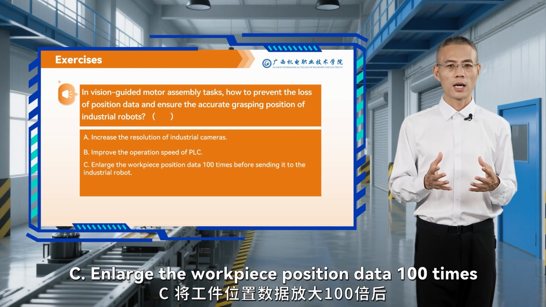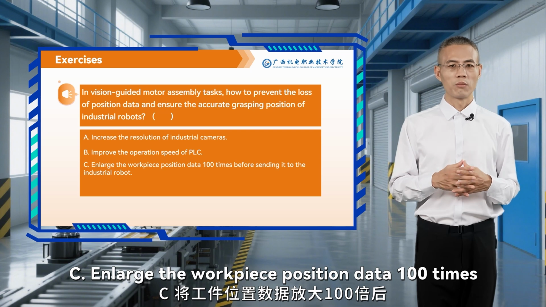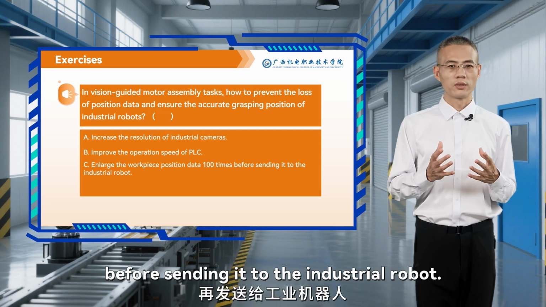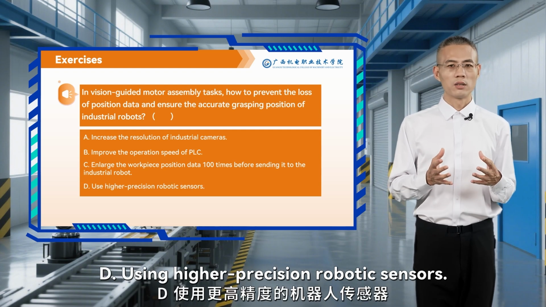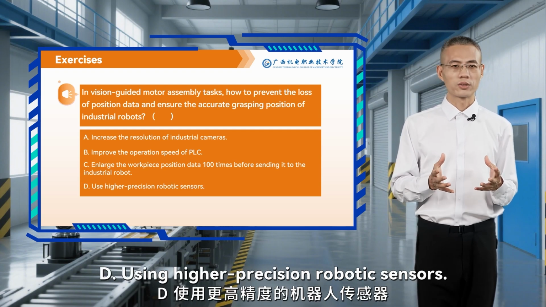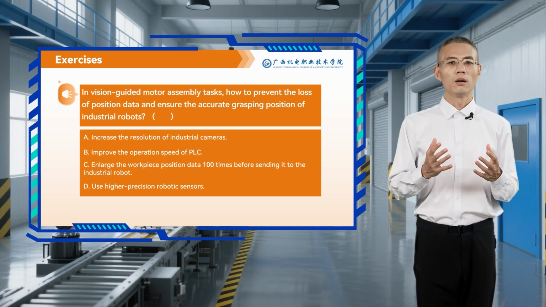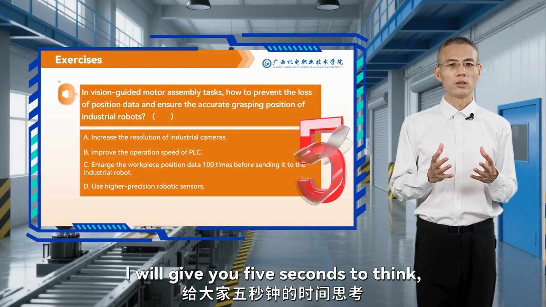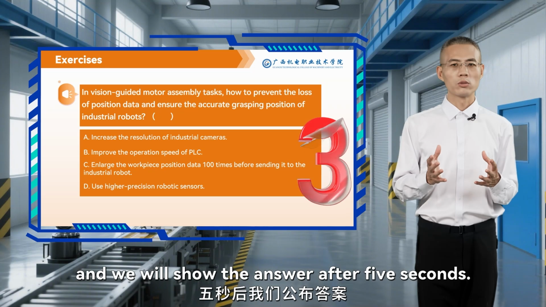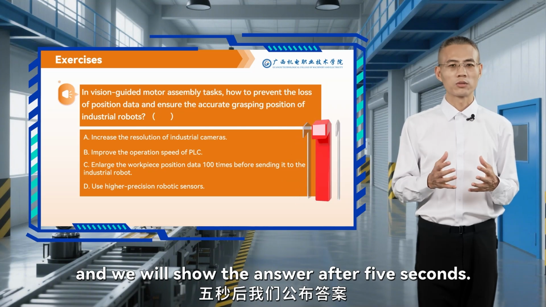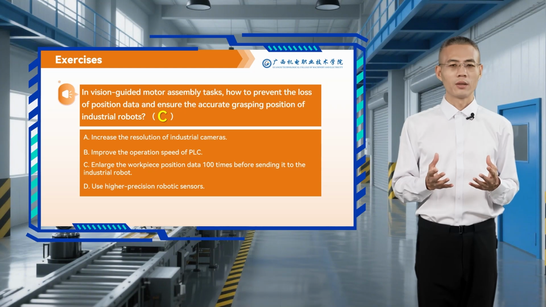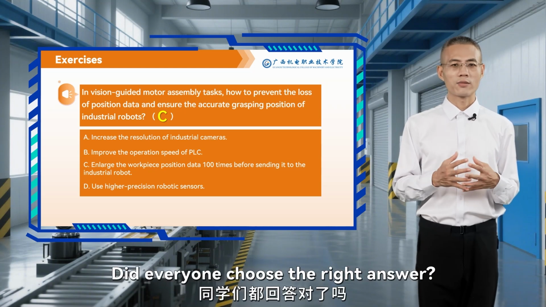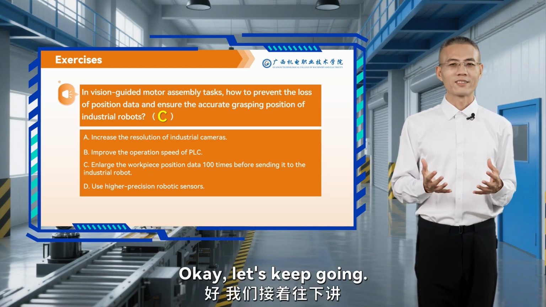C. Enlarge the workpiece position data 100 times before sending it to the industrial robot. D. Use higher precision robotics sensors. I will give you 5 seconds to think and will show the answer after 5 seconds. The answer to this question is C. Did everyone choose the right answer? Okay, let's keep going.